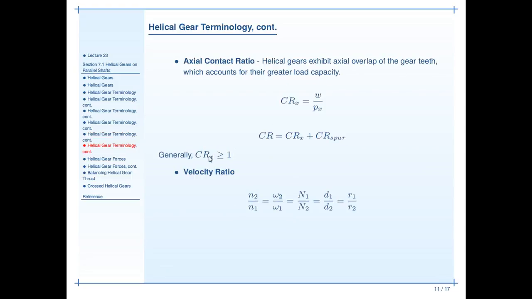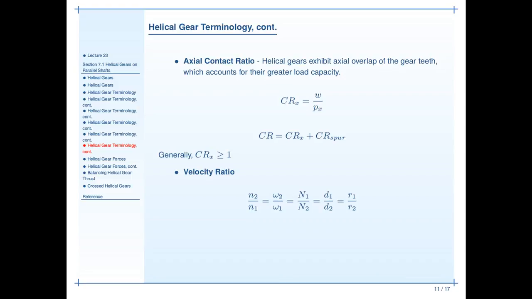Continuing on, and this gets to the heart of why helical gears can be beneficial and why they're used in some applications like automotive transmissions. We looked at the concept of contact ratio for gears, and we discussed the fact that you always want to have more than one gear tooth in contact.